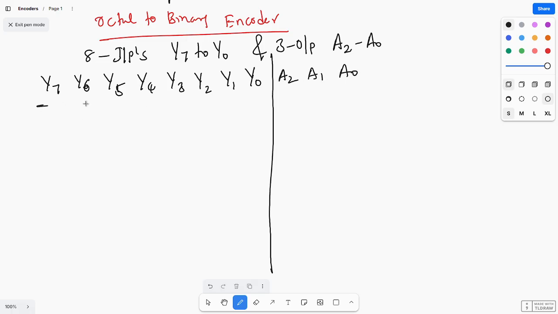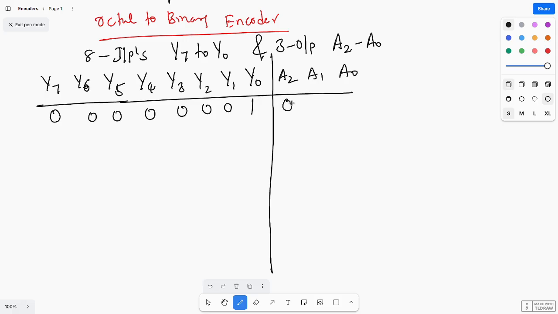At a time any one of the inputs is 1. So here y0 is 1, remaining all are zeros. Here you are getting the binary equivalent, that is 0 0 0. And next, this one is 1 and remaining all are zeros. This binary equivalent you will get.